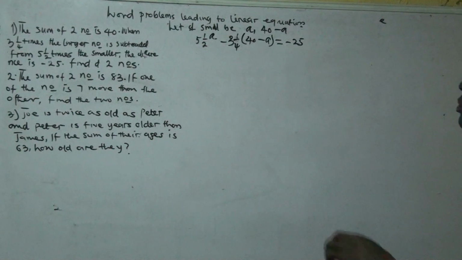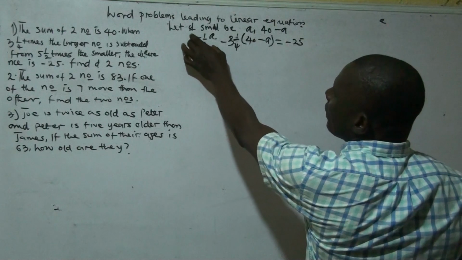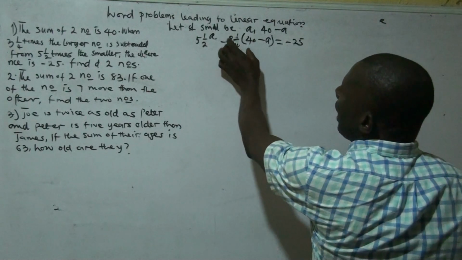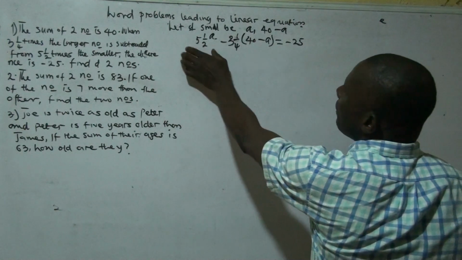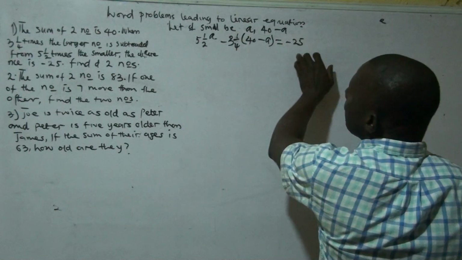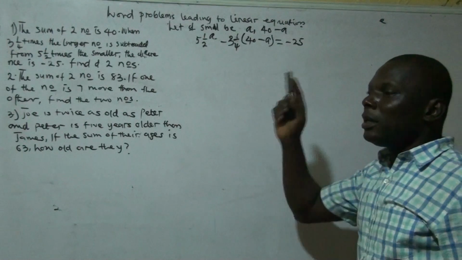So the difference between them is minus 25, and we find the numbers.